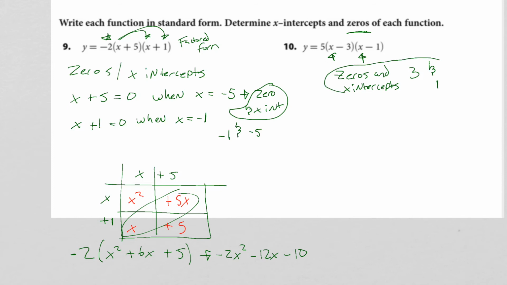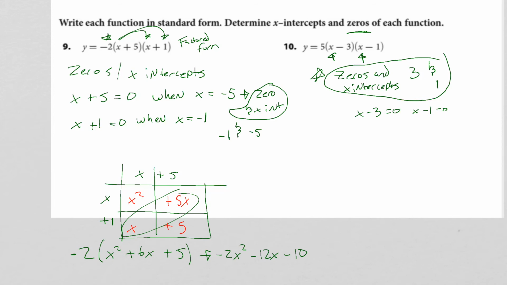I hope everybody can start to see that when they just look at it. If I had x minus 3 equal to 0, what would make that equal to 0? 3. And x minus 1 equal to 0, what would make this equation equal to 0? 1. So that's how we came to this conclusion here.